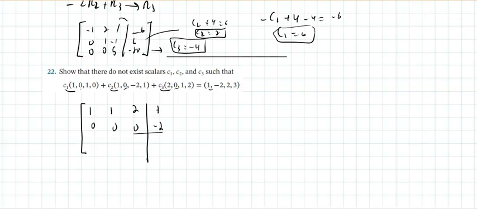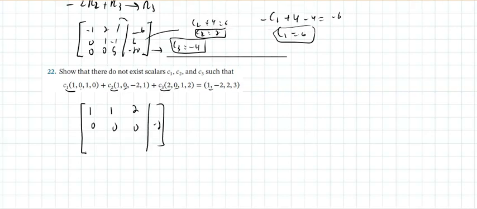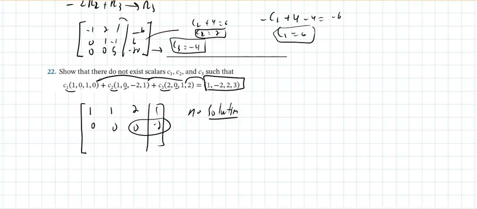Oh yeah, that was right. I thought I made a mistake. 0, this has no solution. So basically there are no such weights. So that means this is not a linear combination of those three vectors. That's what that means.